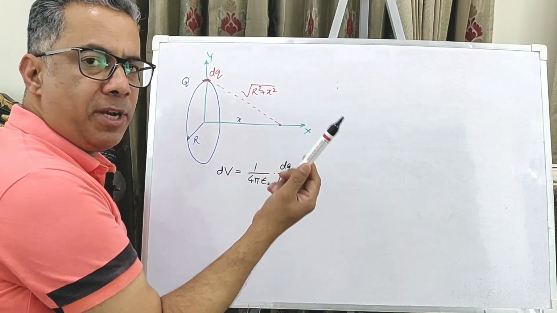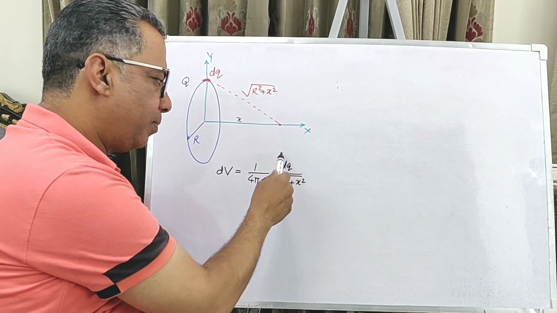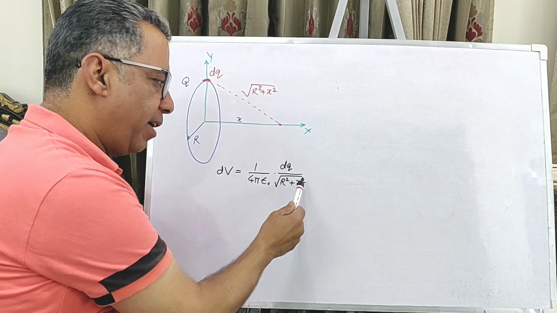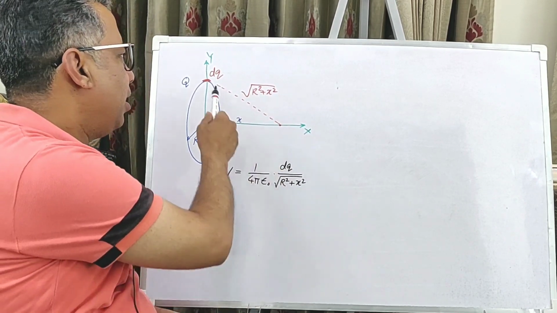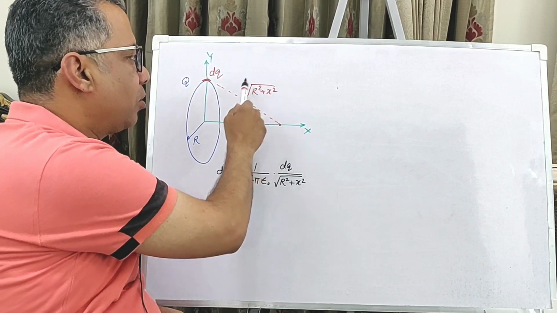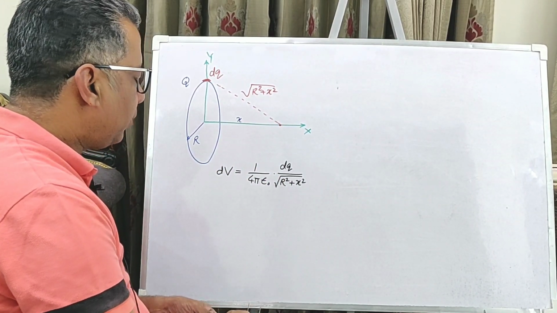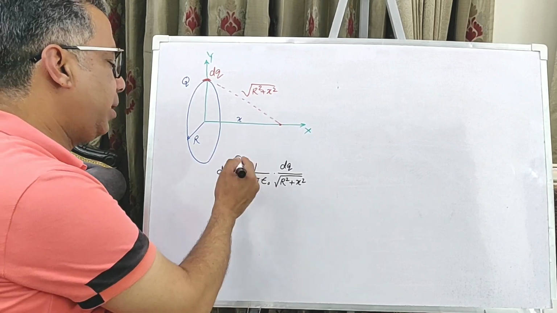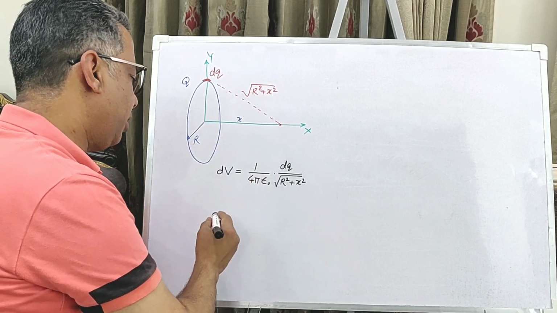So for a point charge, you remember it's 1 by 4 pi epsilon naught times q divided by small r, where small r is the distance from the point charge. In this case, this distance is small r here. So this is dv. Now that's the potential due to a charge element carrying a charge dq.